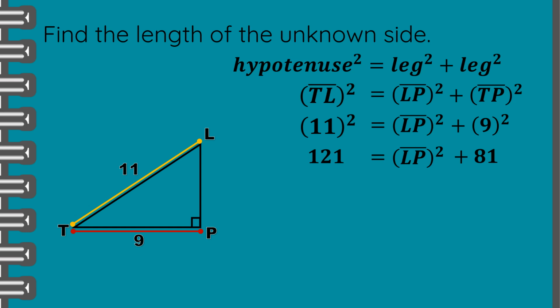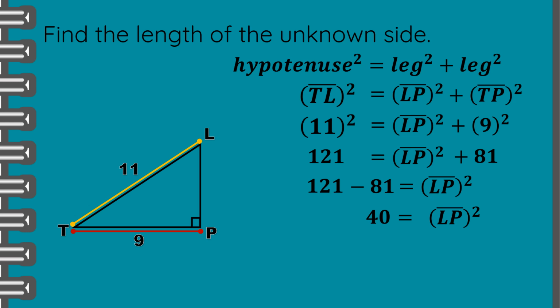By addition property of equality or by transposition, all we need to do is to copy 121. Then 81 from the right will be transferred to the left. It becomes negative 81. That is equal to the square of segment LP. The difference of 121 and 81 is 40 equals the square of segment LP.